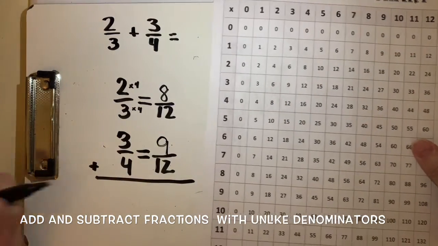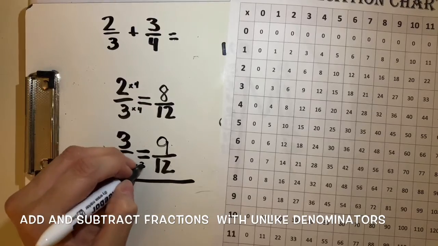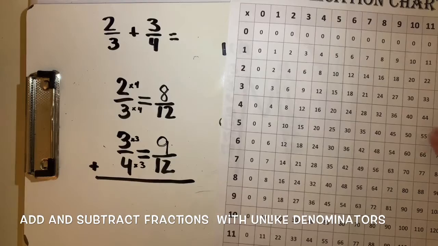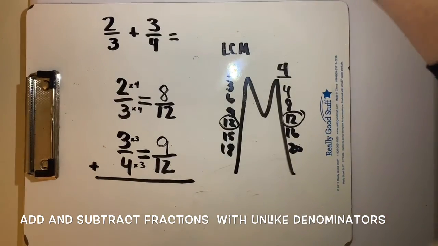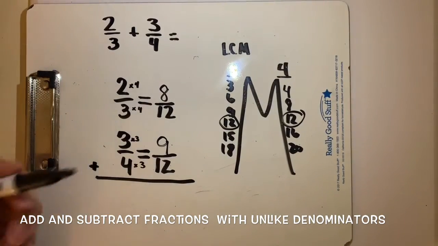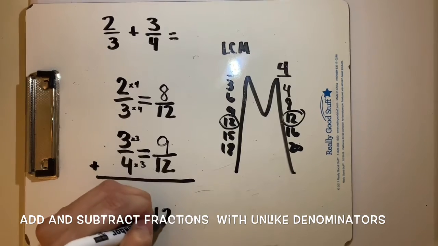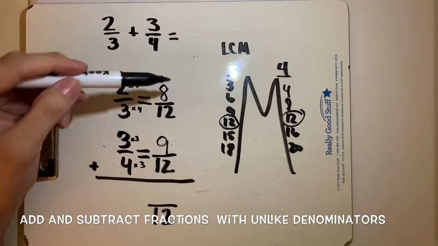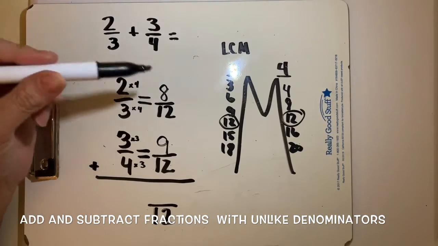How do I know that works? Because 4 times 3 equals 12, and if I multiply the numerator times 3, it equals 9, so I know I'm right. Now that we have the denominator the same, let's keep it. So we have 12. Now let's go ahead and add the numerators.